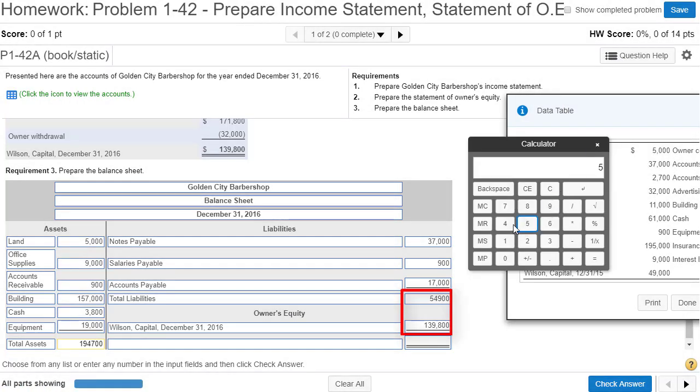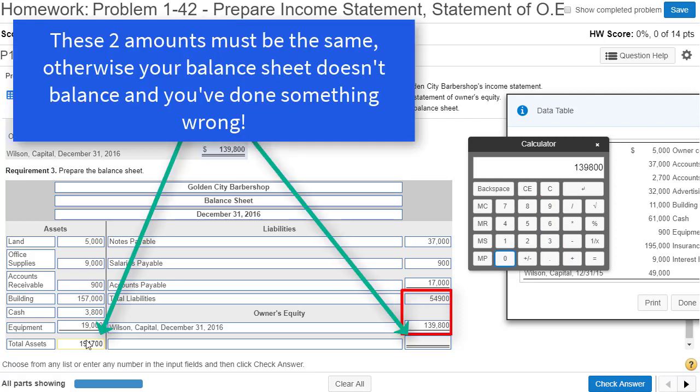So we've got 54,900 liabilities plus 139,800, and we better hope and pray that it's 194,700. And it is.